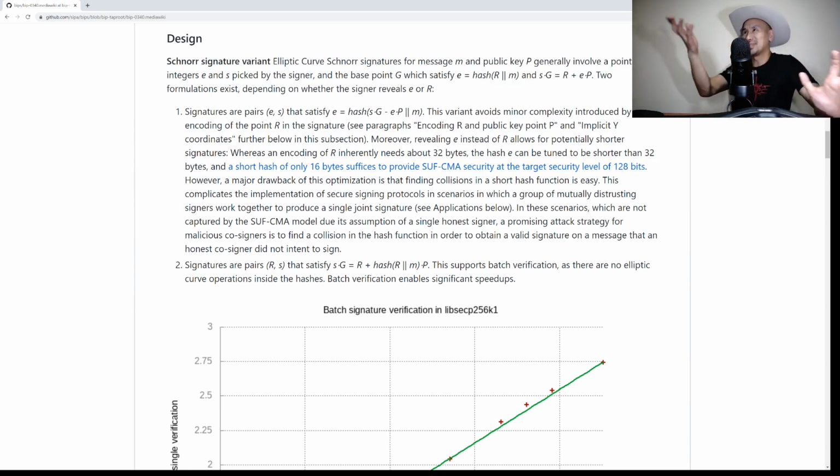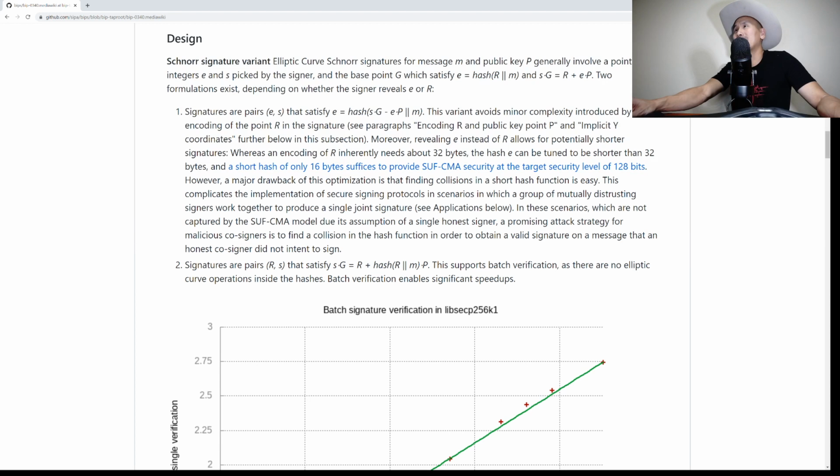But what this is saying is instead of that, we can send E, which is the hash of this sum, and use that. And you can actually even shorten E considerably to 16 bytes and still get 128 bits level security.